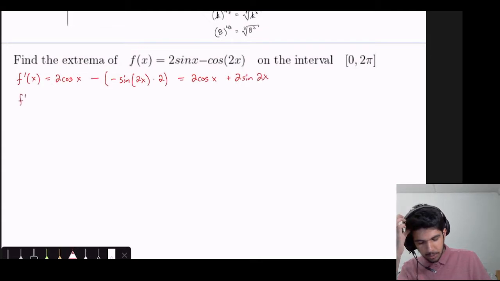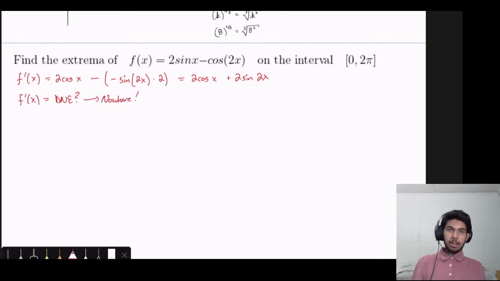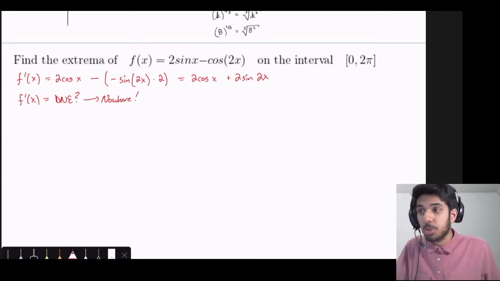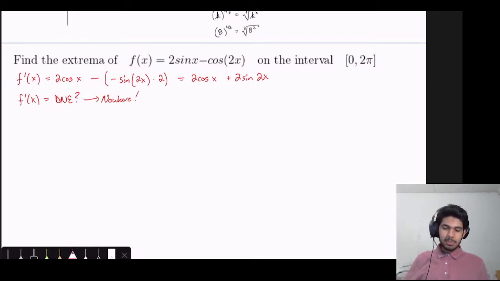And now we ask, where does f prime of x equal DNE? And this is nowhere, because sine and cosine are defined everywhere. No matter what you plug into sine or cosine, you will always get a result, right? Because of the way radians are developed, if you think about the unit circle, you just keep on going round and around, no matter how many radians you want.